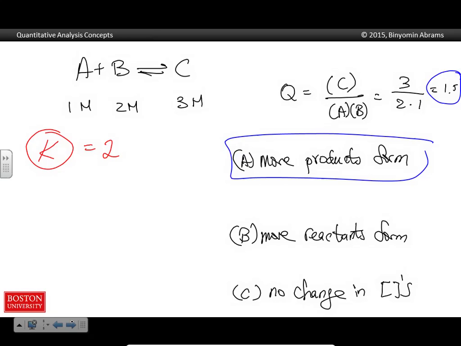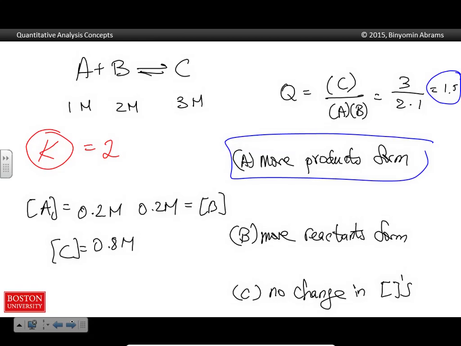What if we had 0.2 molar A, 0.2 molar B, and the concentration of C is equal to 0.8 molar?